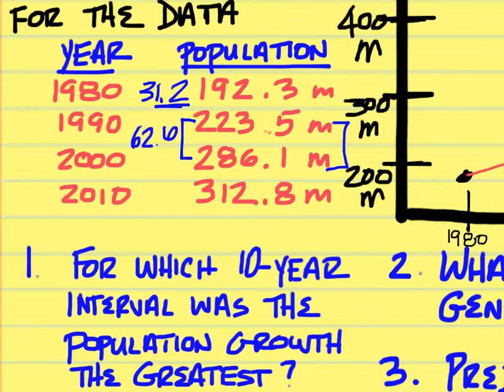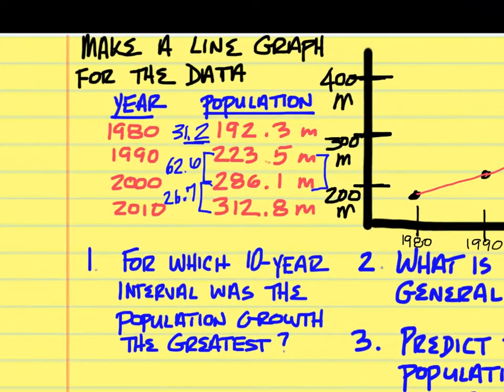What's the difference between these two numbers? Yep, 26 point what? Yeah, 26.7. Now, which interval had the greatest increase in population? Between what 2 years? 1990 and 2000. That's right, 1990 and 2000.